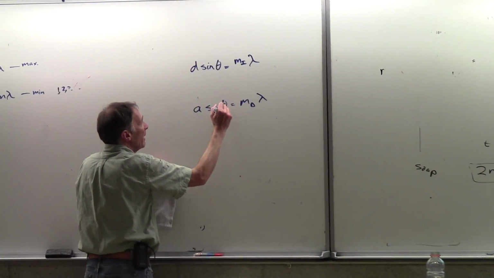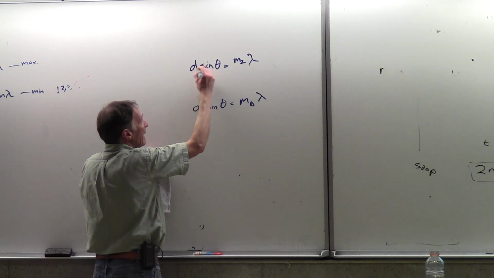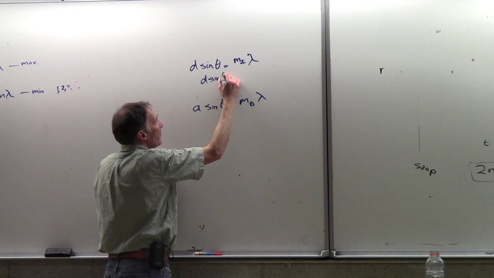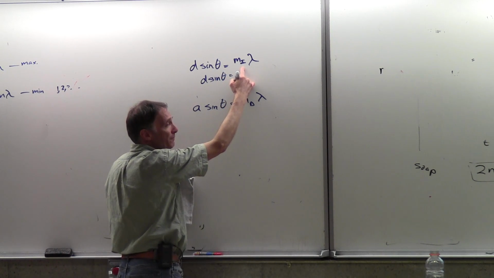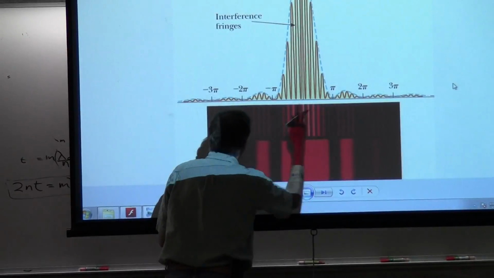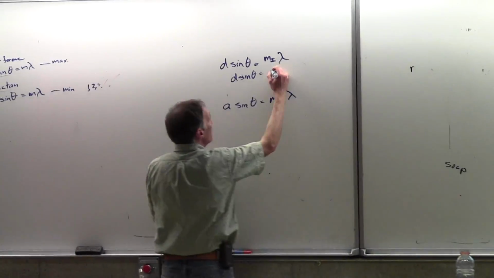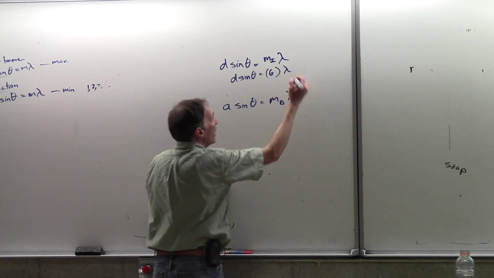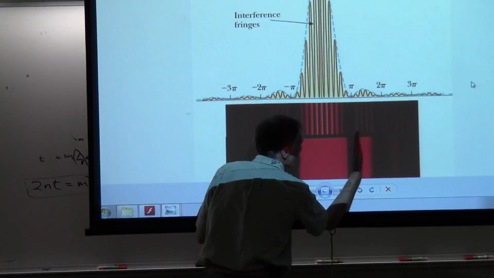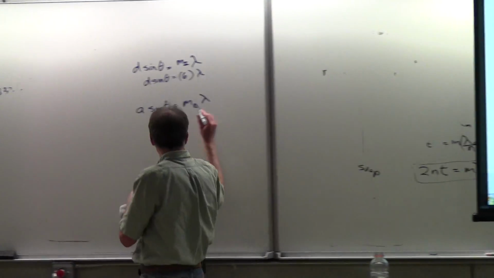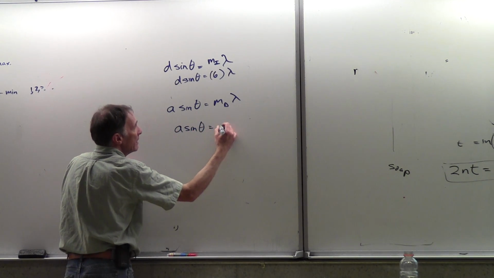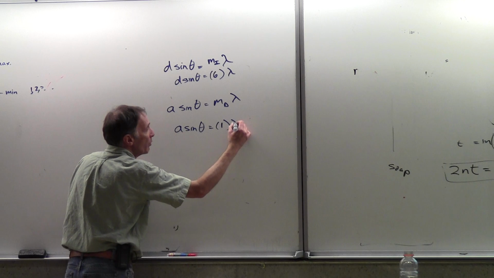So if we're talking about this intersection, d sine theta is equal to the interference fringe that is missing here, which was m equal to 6. So that value would be 6 times the wavelength. It's happening right here at the very first minima for diffraction, so that would be a sine theta is equal to 1 times the wavelength.